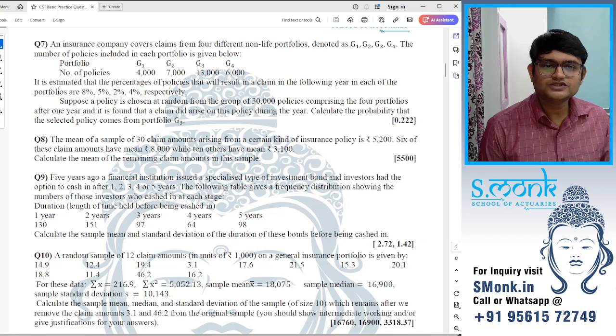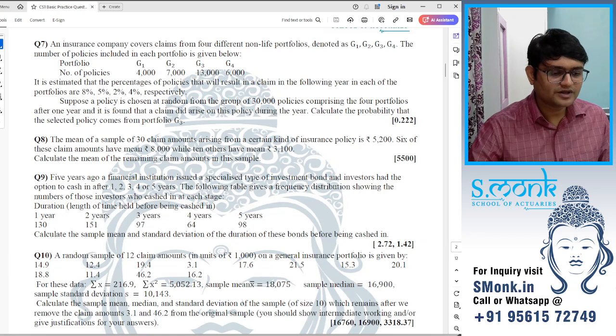Suppose a policy is chosen at random from a group of 30,000 policies comprising the 4 portfolios after 1 year, and it is found that a claim did arise on this policy during the year. Calculate the probability that the selected policy came from the portfolio G3. So this is a simple example.